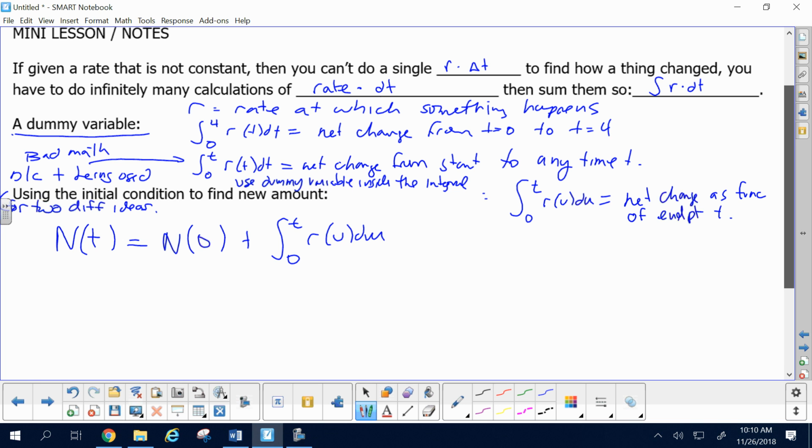Okay. Now this is the starting amount, plus this represents the change in the amount, and together those two things, the starting amount plus the change in the amount, gives you the ending amount. You follow?